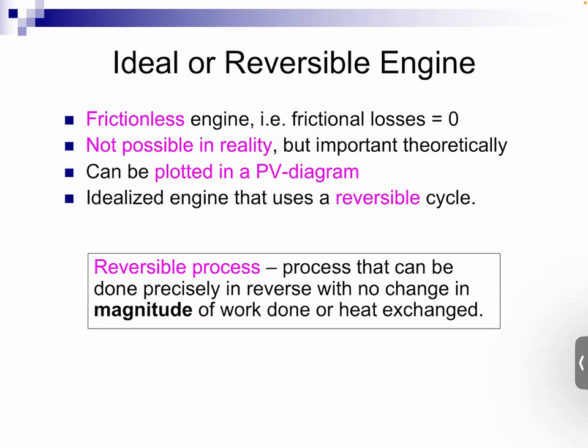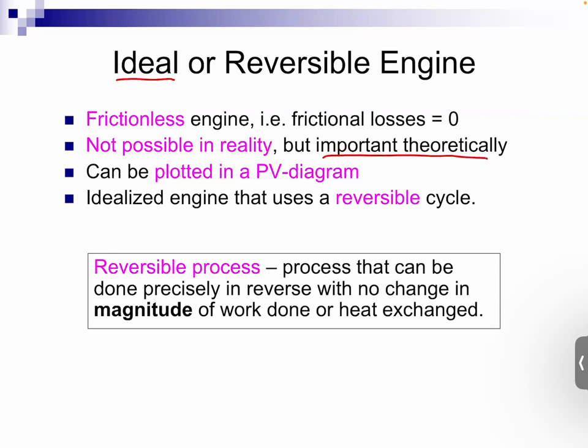If there are no frictional losses, say assuming that there is an engine that's frictionless, so that the frictional loss is zero, we know that this is not possible in reality, right? Because in reality, there will always be friction. But although it's not possible to have a real or an ideal engine where there is no frictional loss, the concept of a perfect or an ideal engine is important theoretically.